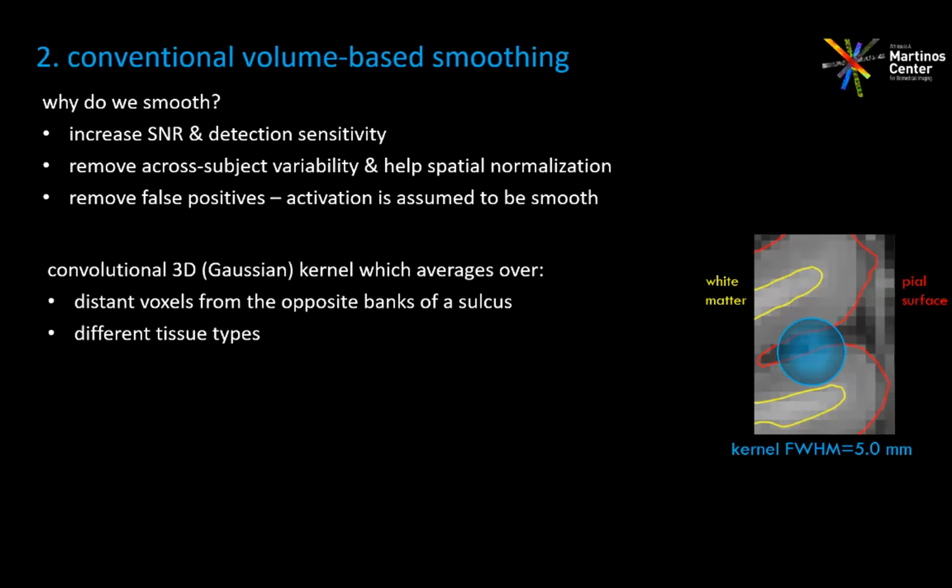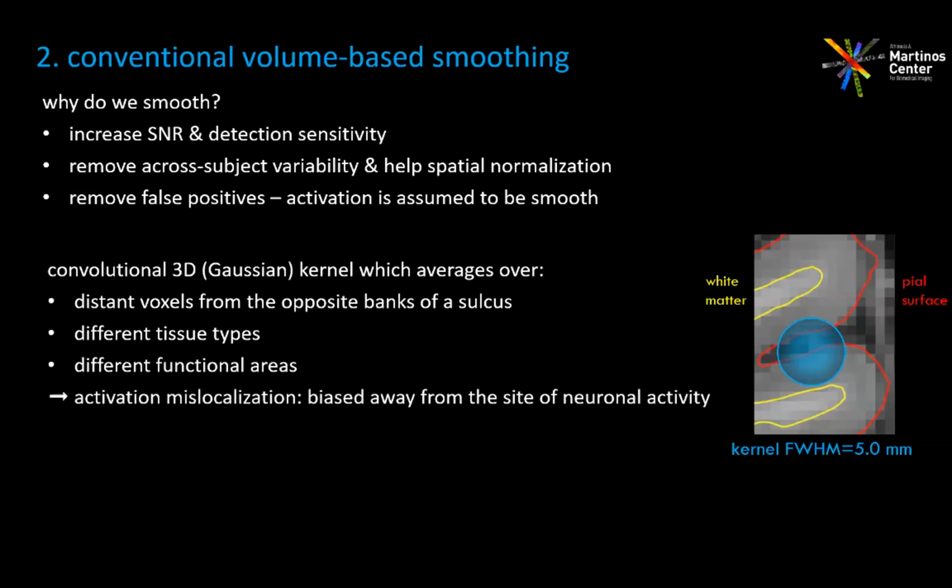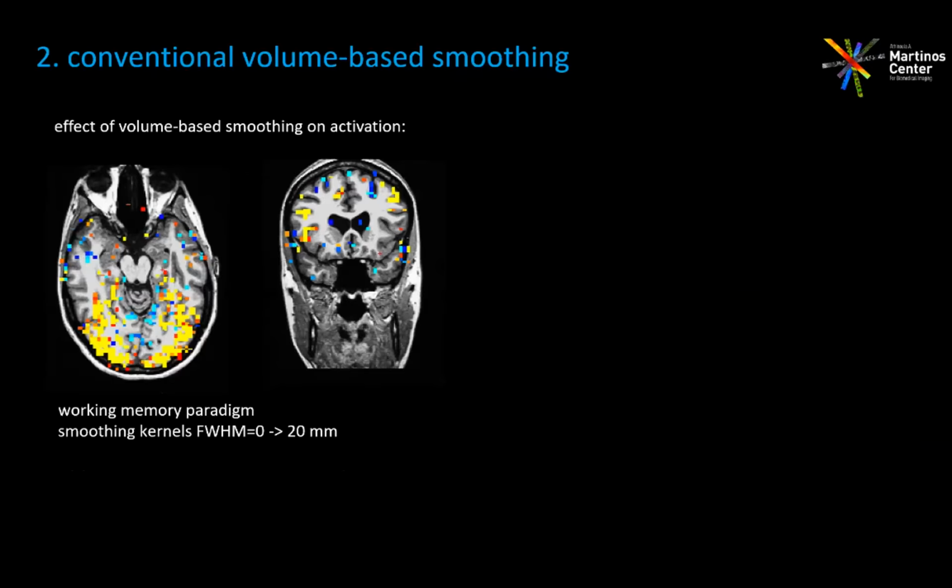When you move it around, white matter will come as well, and potentially also different functional areas depending on where we are in the brain. So this can cause activation mislocalization, as it gets biased away from the site of the neuronal activity. So basically we applied this smoothing to reduce some errors, but we're actually introducing more errors.